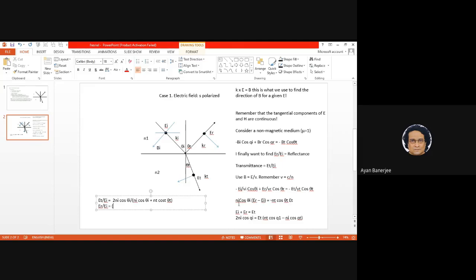So you can directly see that if I take EI, it will become Ni cos theta I minus Nt cos theta t. Yes, straight, minus. So it will basically just be Ni cos theta I minus Nt cos theta t.